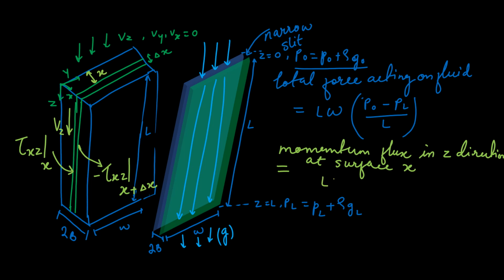So L into W, length and width of the plate, into tau xz at x minus tau xz at x plus delta x.